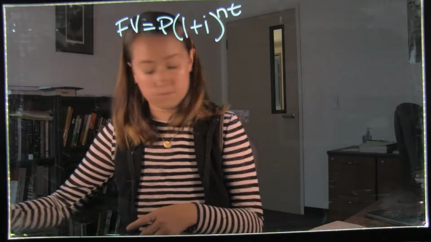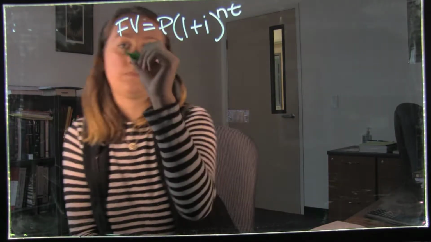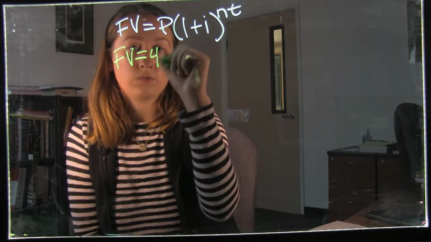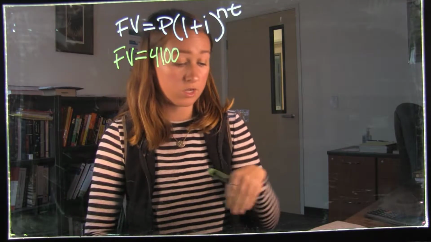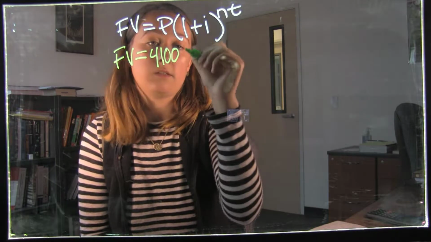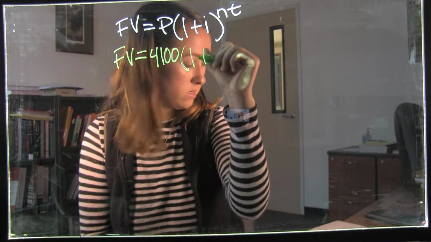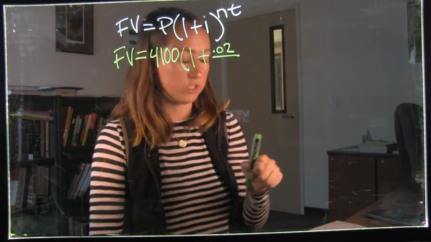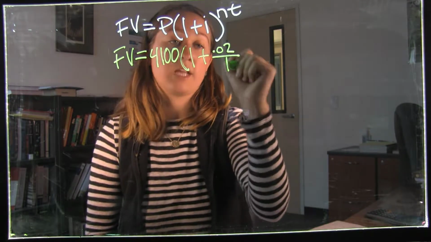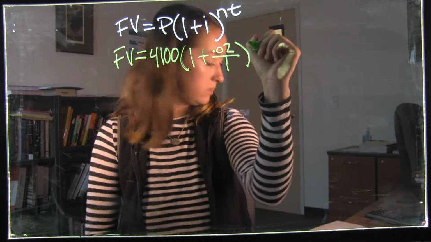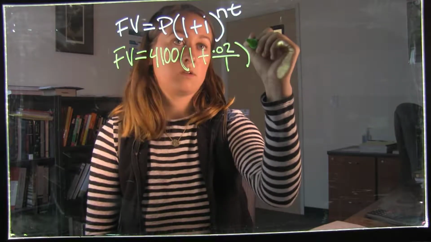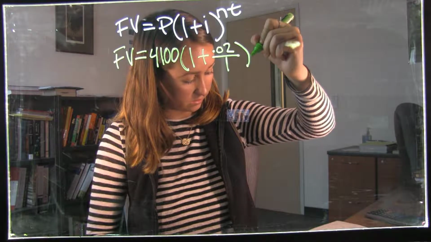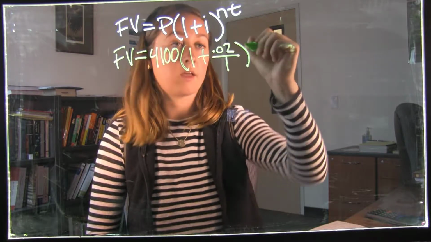So our future value, which is our future cost of living, equals 4,100, which is the current cost of living, times the quantity 1 plus 0.02, which is the annual inflation rate, 0.02 over 1, which is annual, to the 40, because that's how many years into the future we're looking at.